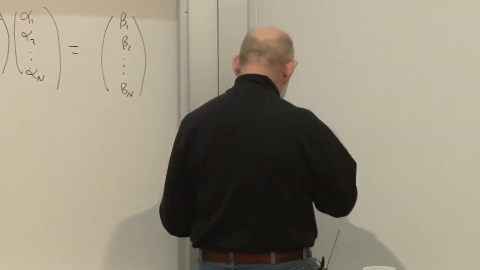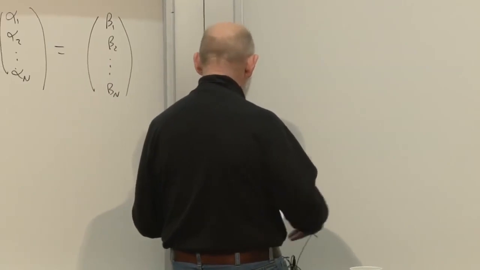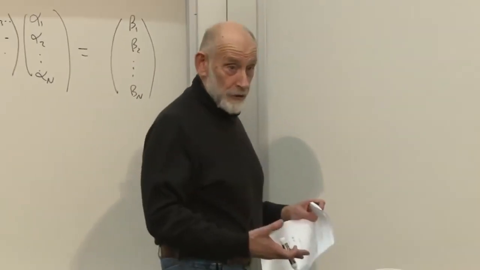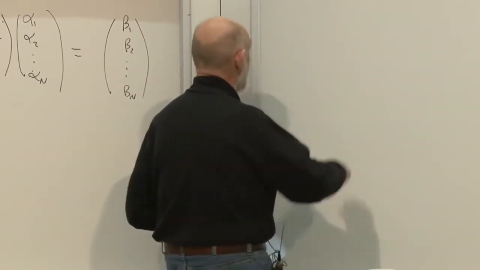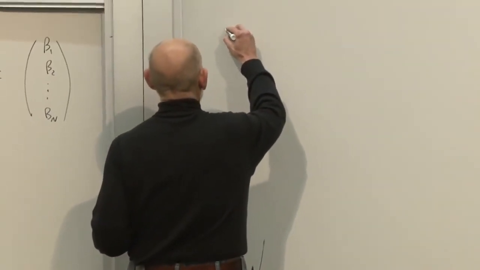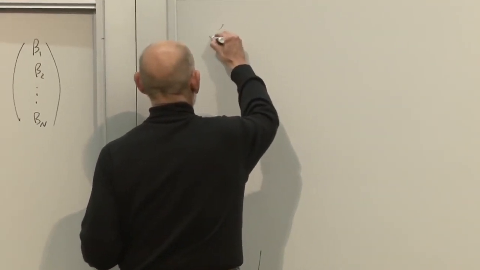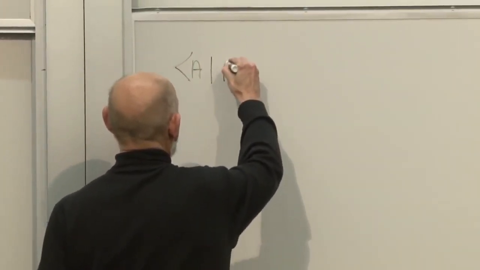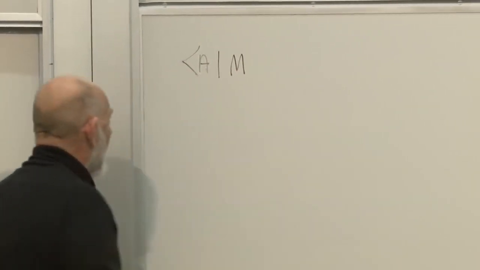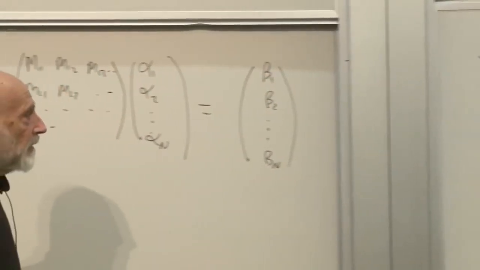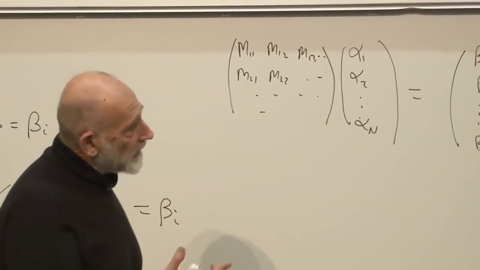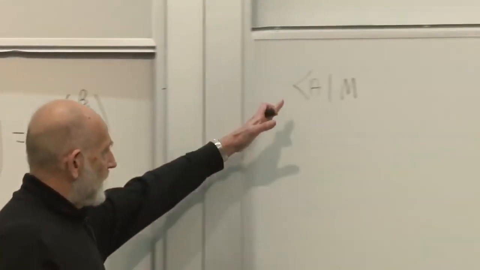Okay, let's see if we can concoct a definition, and then we'll stick with that definition. What might be the rules for the action of that same linear operator when it acts on a bra vector?